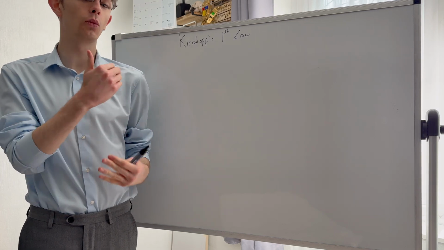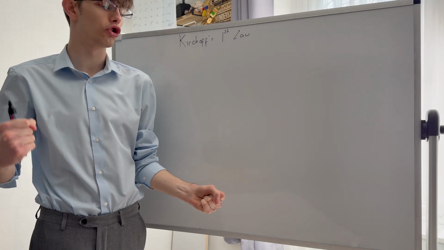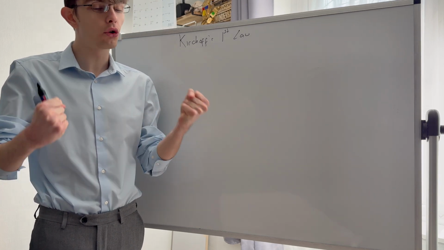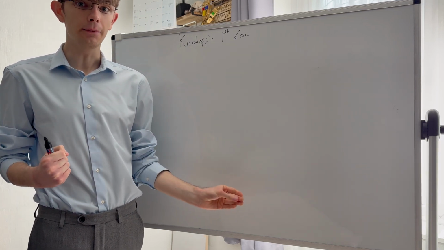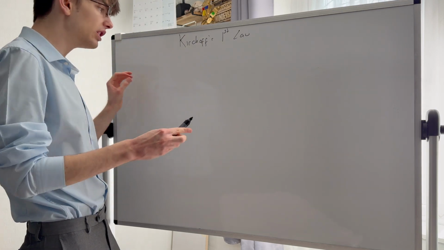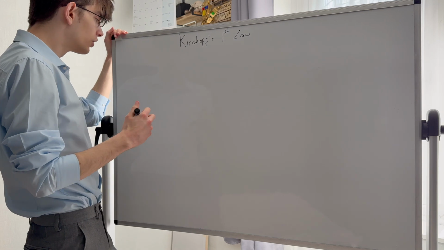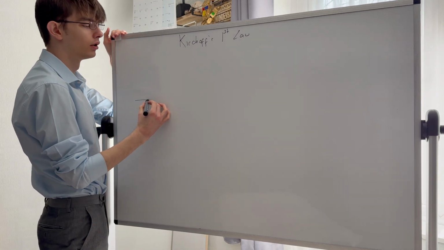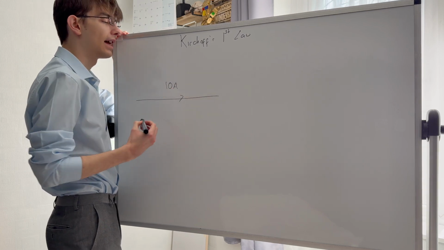So in the same way, when we have energy in a system, we can neither create it nor destroy it, we have a similar idea with current. Now, it's not exactly the same, but we use it to apply at what we call a junction. So imagine I have a wire traveling along, and in that wire I have 10 amps of current.